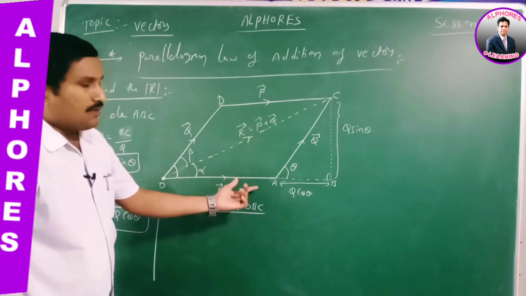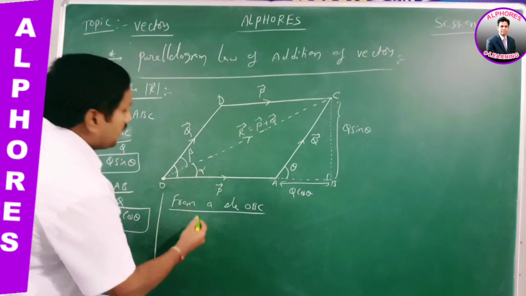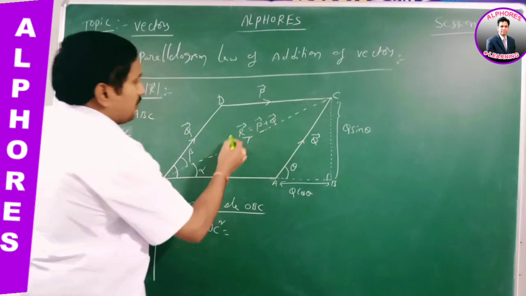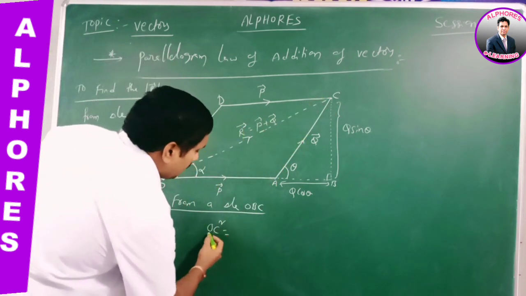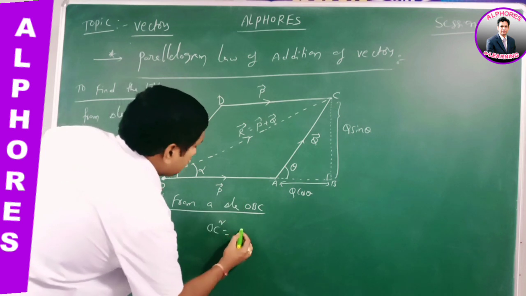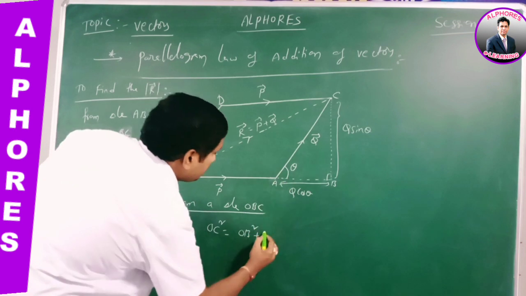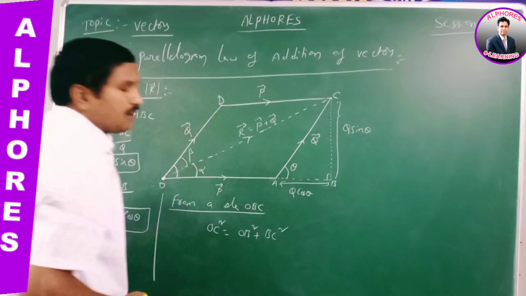Hypotenuse square is equal to side square plus side square. That means OC square, the hypotenuse square, is the magnitude of R bar. OC square is equal to one side OB square plus BC square. Is it correct or not?